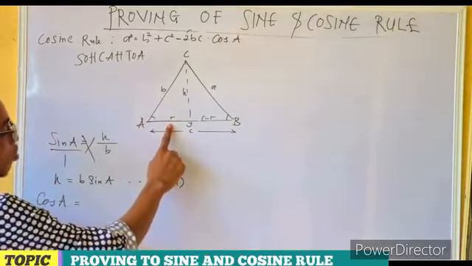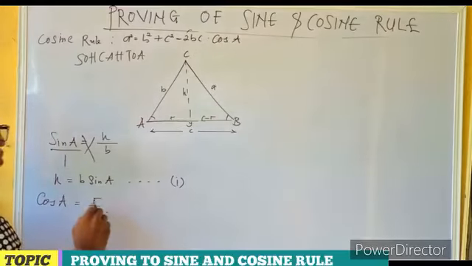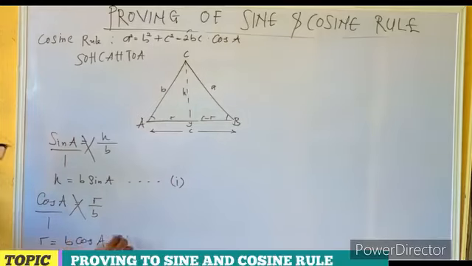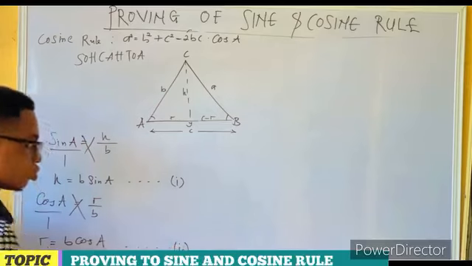We have r over b. As well, we need to cross multiply. In here we have r is equals to b cos A. Let's denote this as equation 2.